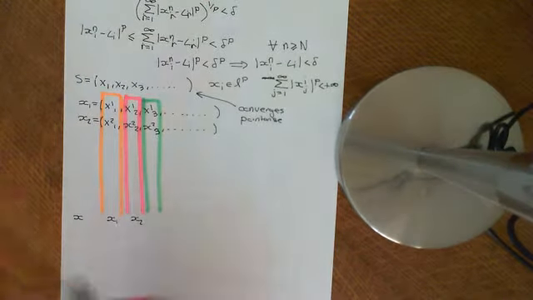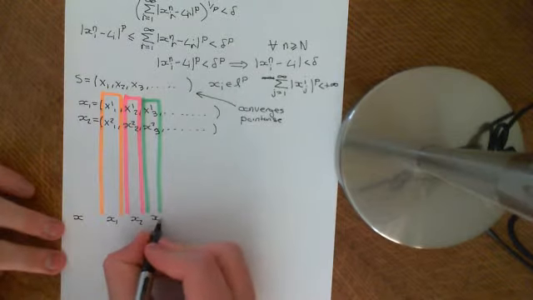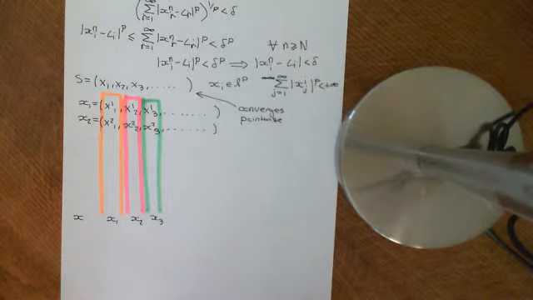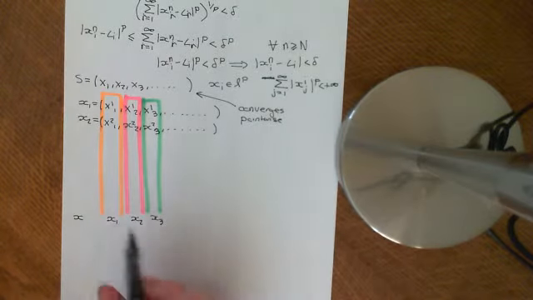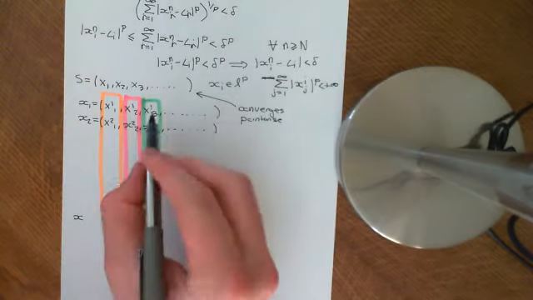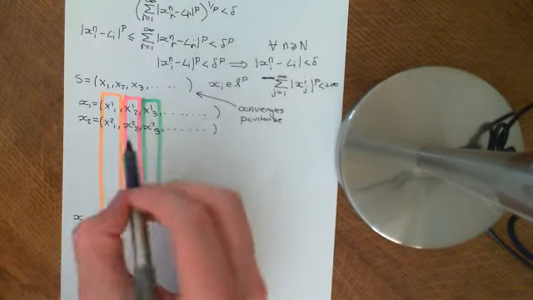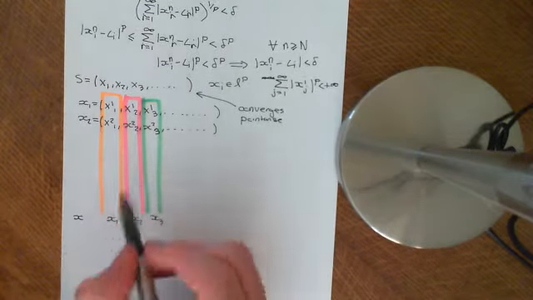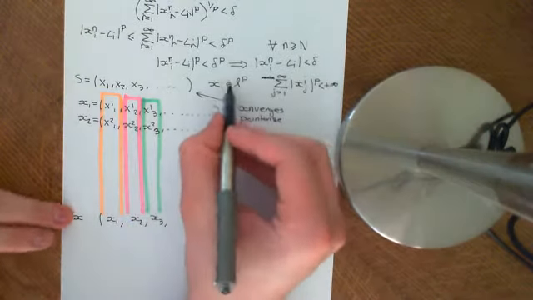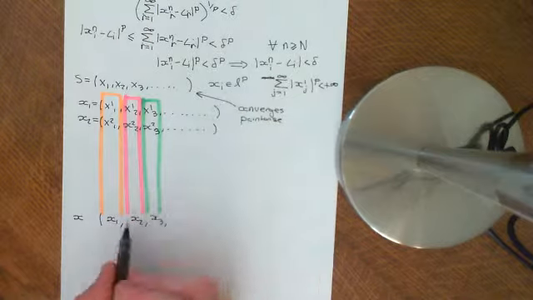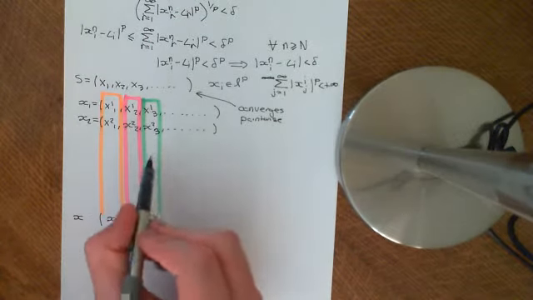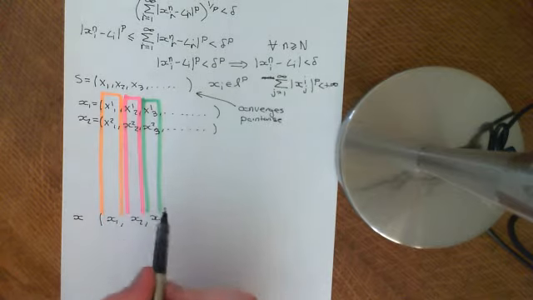So each of these termwise sequences does converge as a sequence of real or complex numbers, and therefore we can construct this sequence, which is the pointwise or termwise limit of this sequence of sequences. However, it is not necessary that, as far as the LP metric is concerned, this sequence is in fact the limit of this sequence of sequences.